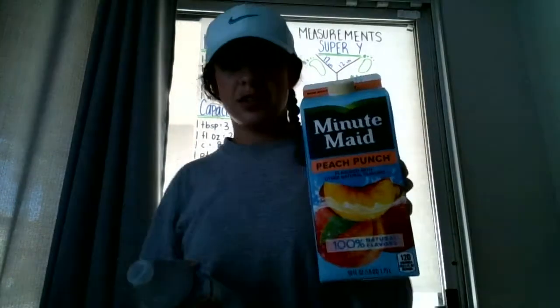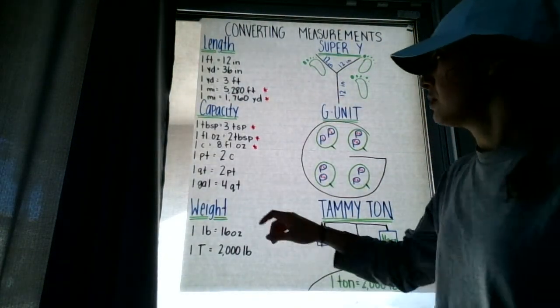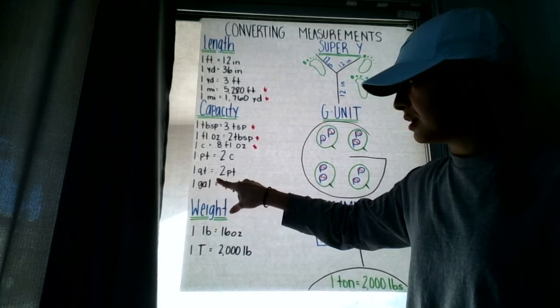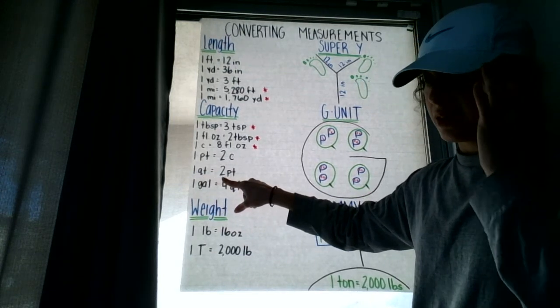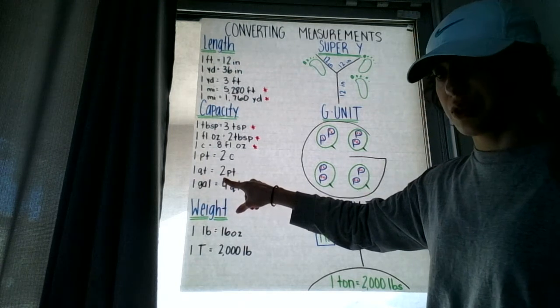Okay, so this is quarts, and this is pints. So this is my bigger unit because it holds more, and this is my smaller unit because it holds less. So now let's look at my chart. I want to go from quart to pints. My bigger unit is going to the smaller unit.